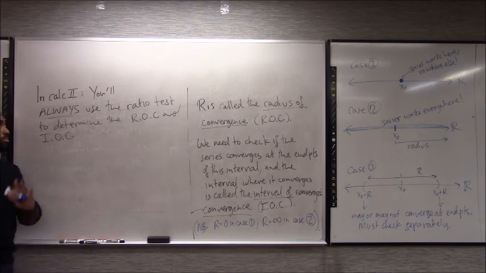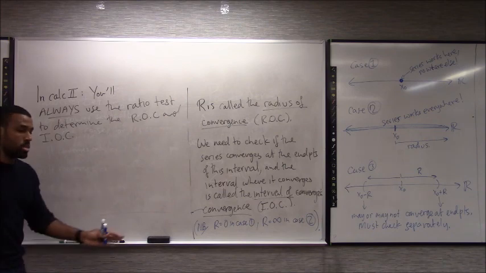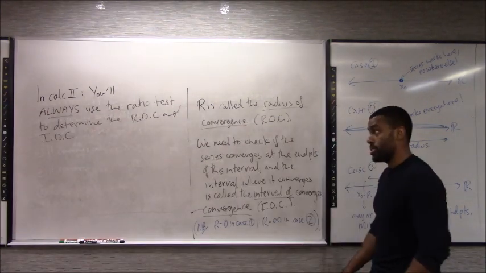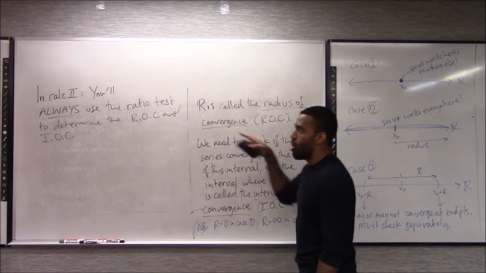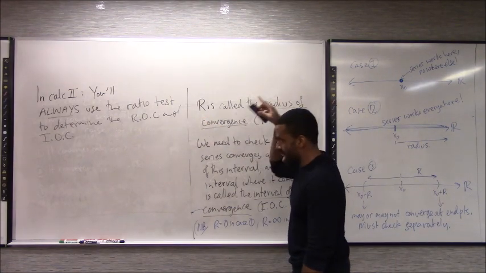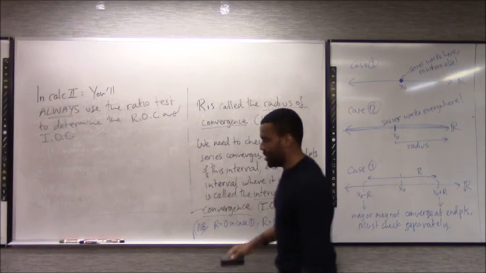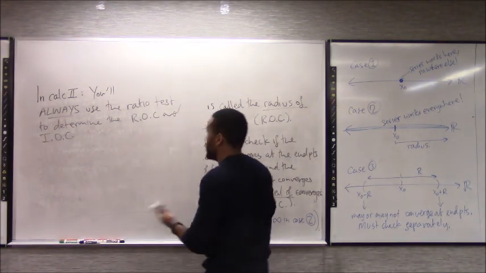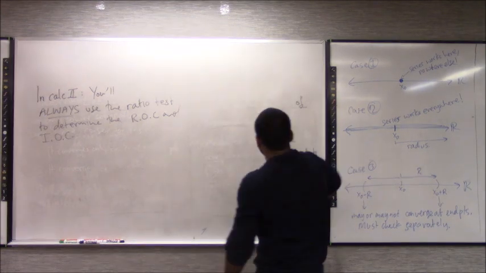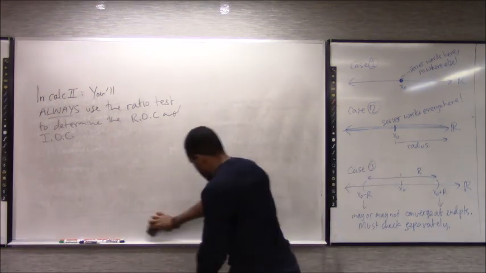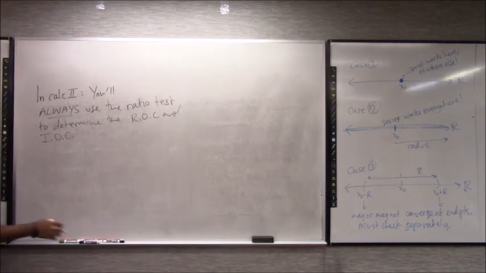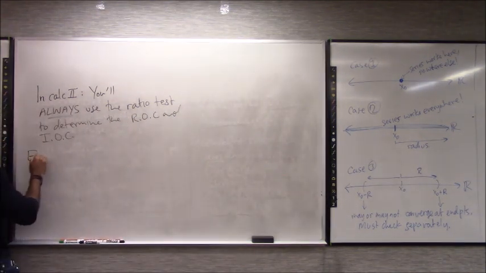But if I ask you, here's a power series, find its interval of convergence, or find its radius of convergence, you're always going to do the ratio test every single time. That's not like a strategy where I have to figure out what to do now. No, it's always going to be the ratio test. So at least there is no figuring out that has to happen. Let's do an example.